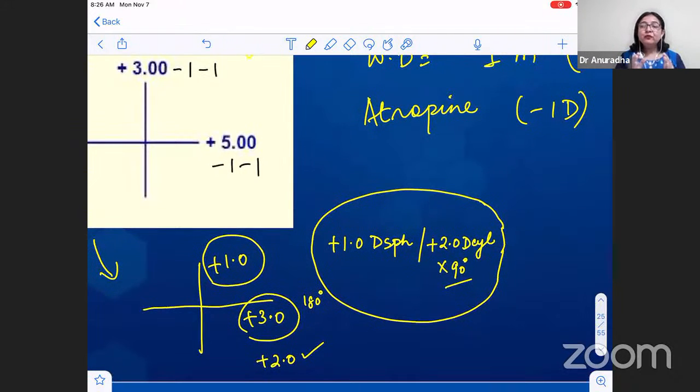Now the cylinder has to be placed 90 degree to where it is required. So here the cylinder is required at 180 degree, so I place that at 90 degree. So +1 diopter sphere, +2 diopter cylinder, that has to be placed at 90 degree. Right? Okay, beta.